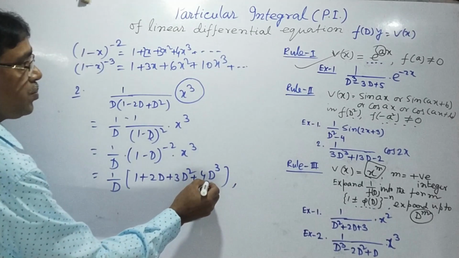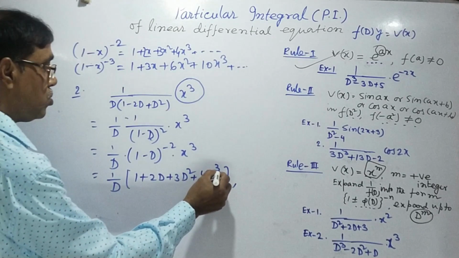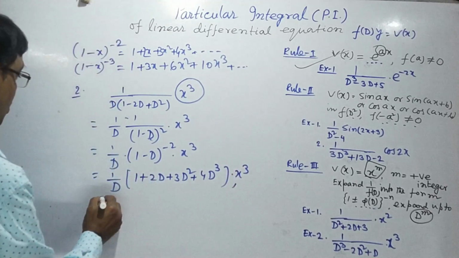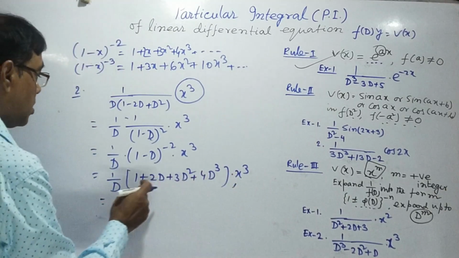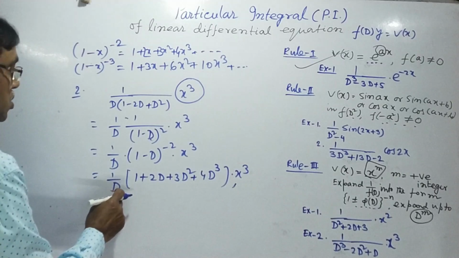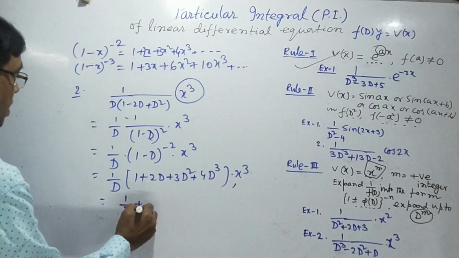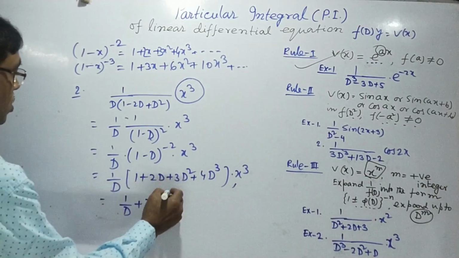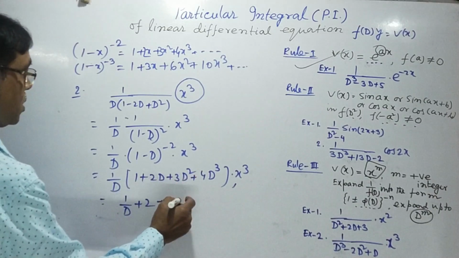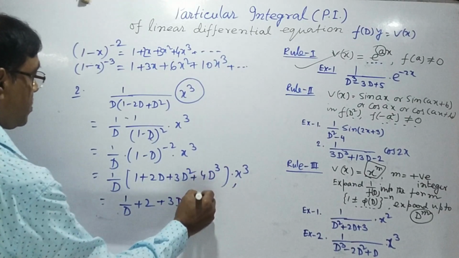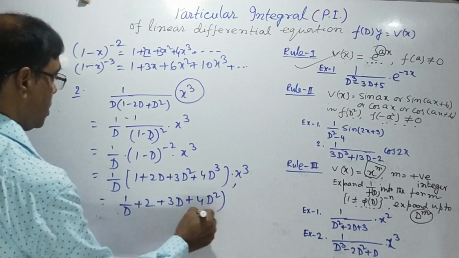We expand only up to D cube into x cube. Now we operate D with this function: 1 by D into 1 plus 2D plus 3D square plus 4D cube into x cube.